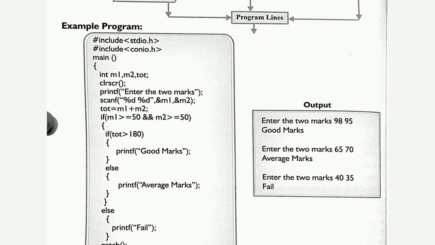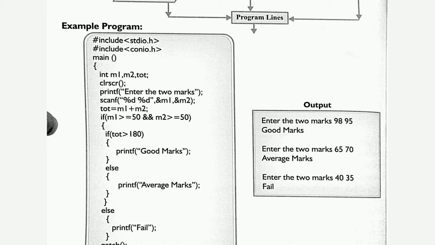So if your total is greater than 180, you will get an output known as good mark. If your mark 1 is greater than 50 and mark 2 is greater than 50, but the total is not above 180, then you'll get an output known as average mark.